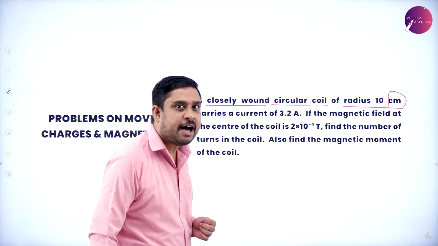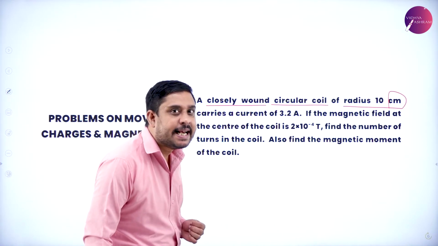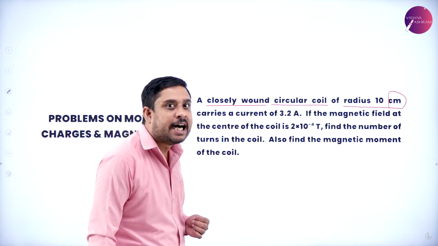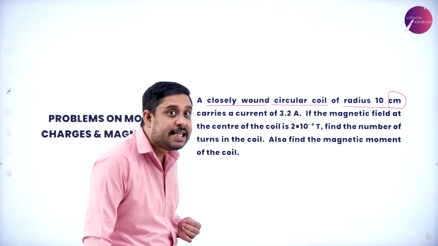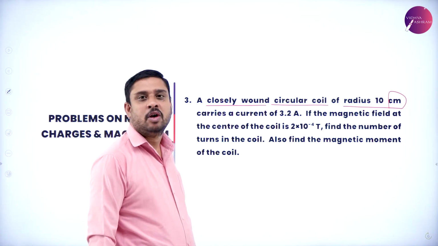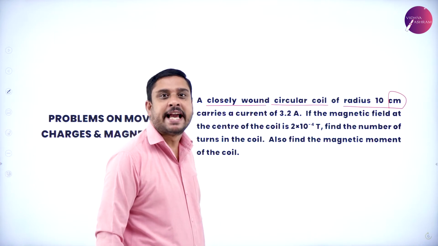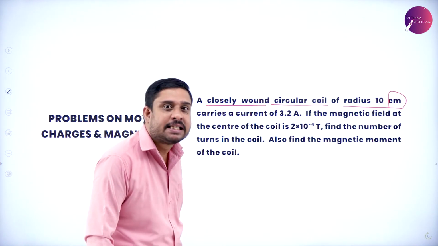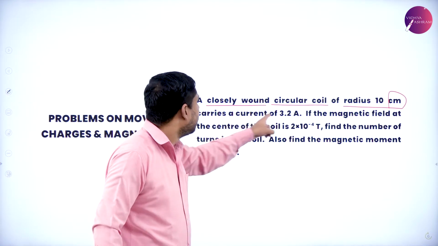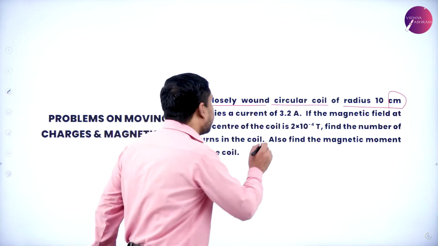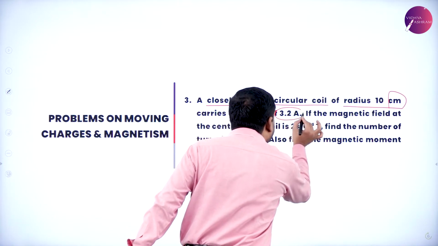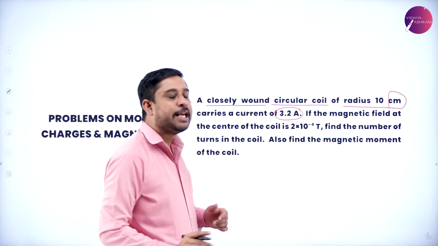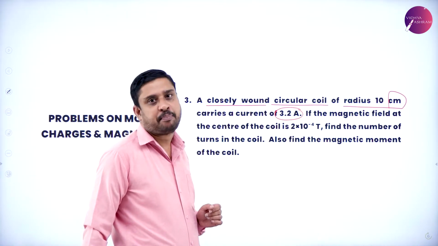Now if you observe, radius is in terms of centimeter, while simplifying it has to be expressed in meters, and carries a current of 3.2 ampere.